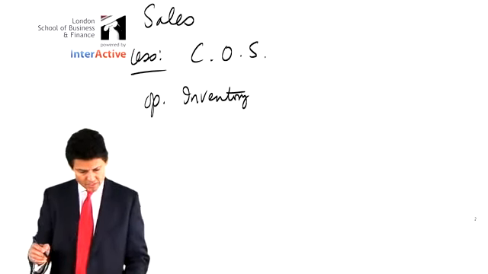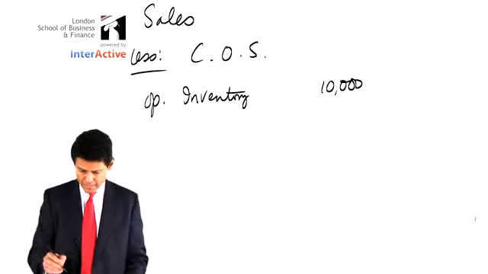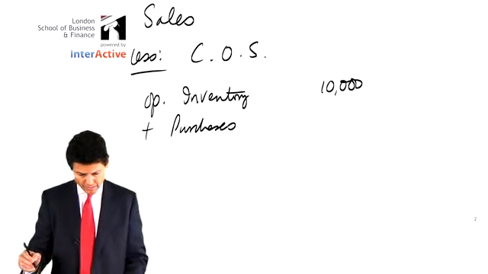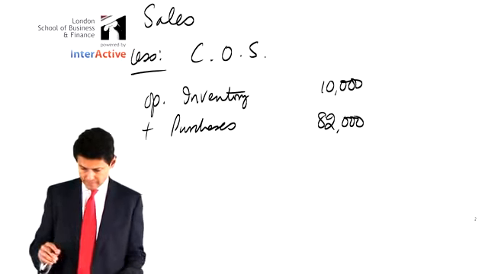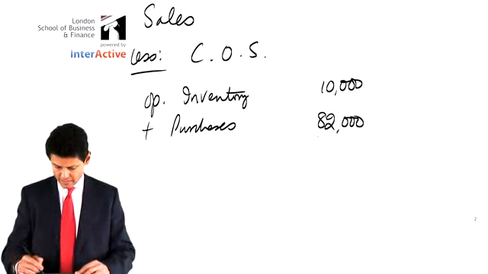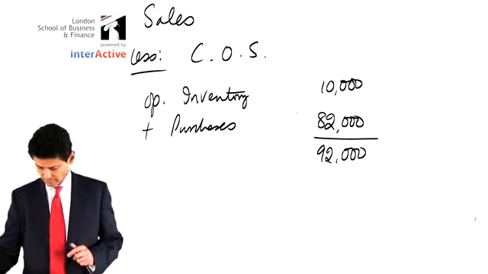The opening inventory in this question is given as 10,000. The purchases is also given as 82. So opening plus purchases is some 92. Absolutely straightforward.